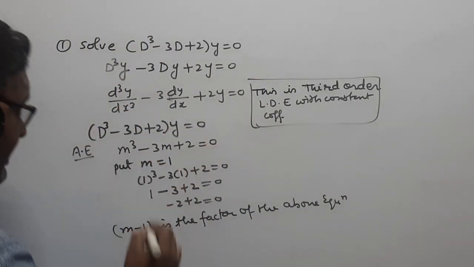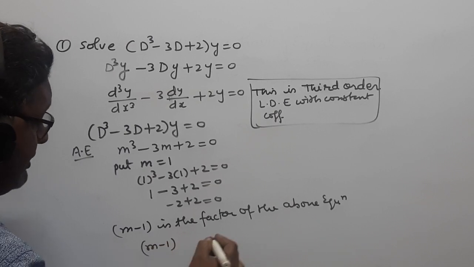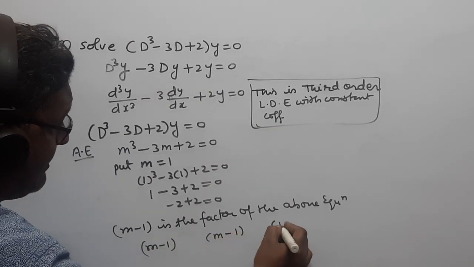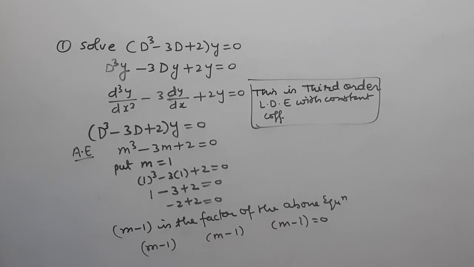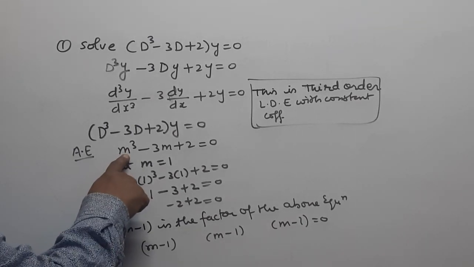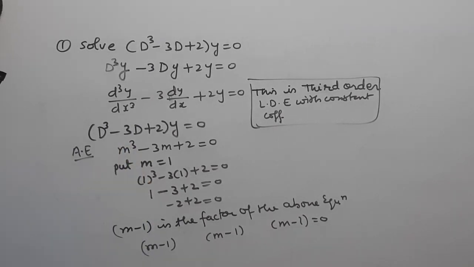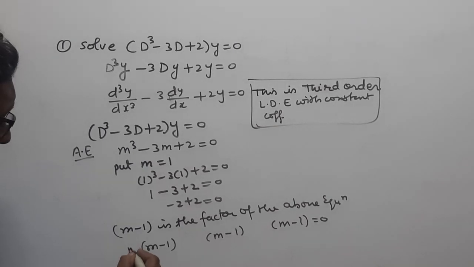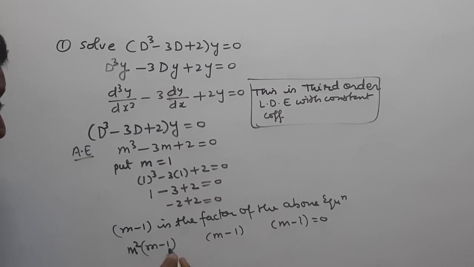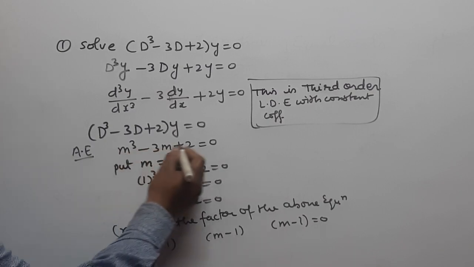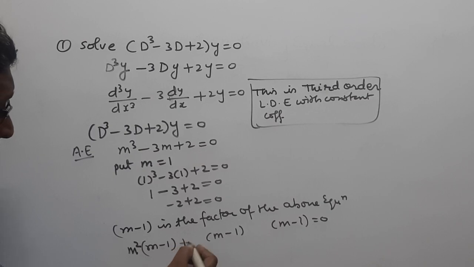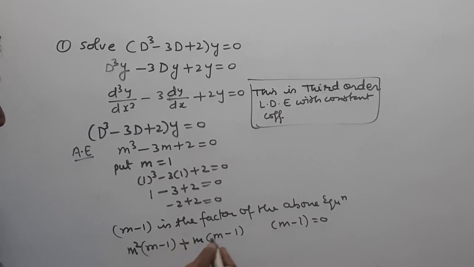So we can divide by m minus 1 and find the quotient. When we multiply m by m square, we get m cube. When we multiply m square by minus 1, we get minus m square, and there is no m square term, so we write plus m. Plus m multiplied by m gives plus m square, and this minus m square cancels out.